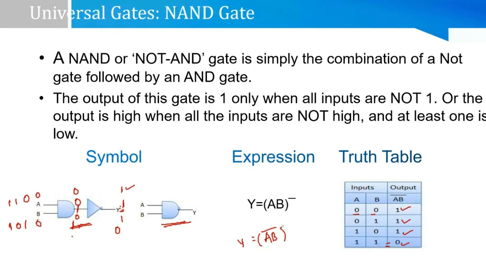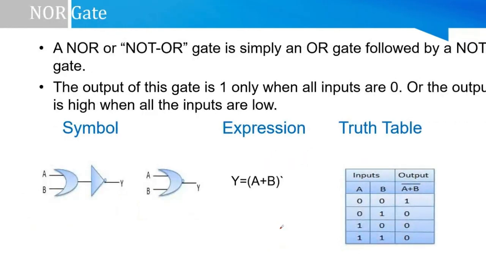No. Okay. Next, we'll move to the NOR gate. The NOR gate is also a universal gate. It needs two inputs and provides only one output. It does the inverted operation of the OR gate.